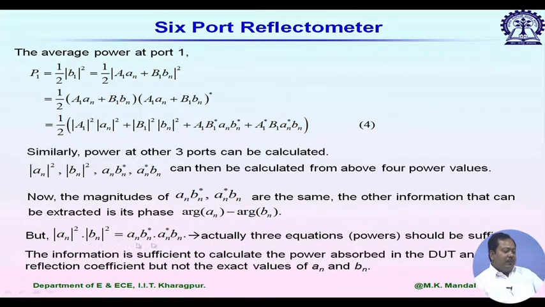But we note that An square multiplied by Bn square is equal to An Bn star dot An star Bn. So, since we have already calculated An square and Bn square, if we use this relationship, it seems that 3 equations should be sufficient.